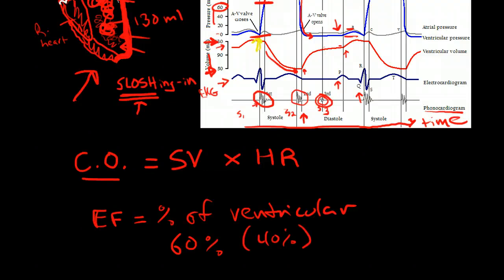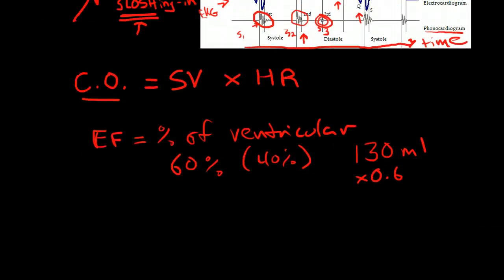So, 60-65%. If you have a ventricle with a volume of 130 mLs, and you multiply this times 0.6, or 60%, then you will come up with the stroke volume. The stroke volume is the amount that is actually expelled into the aorta.